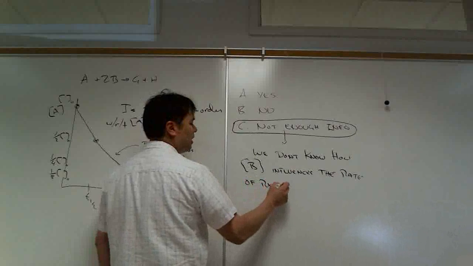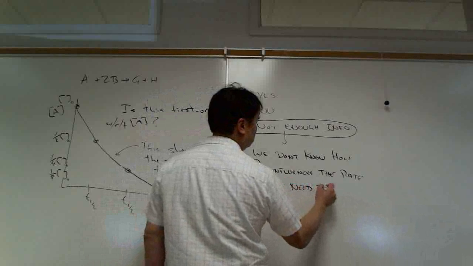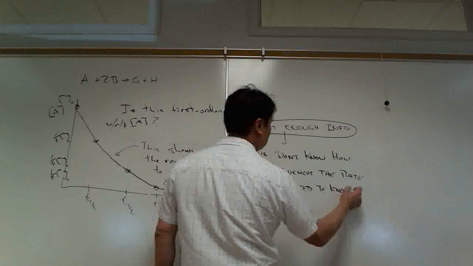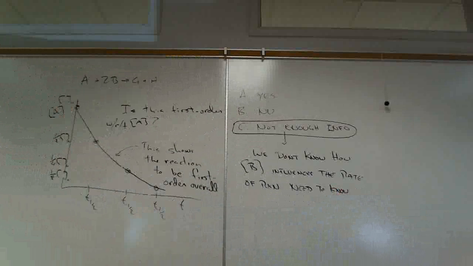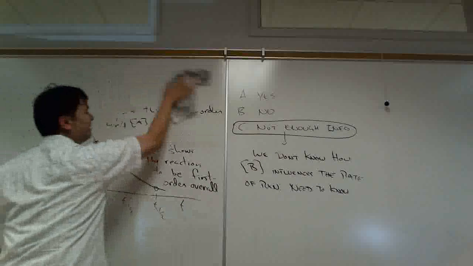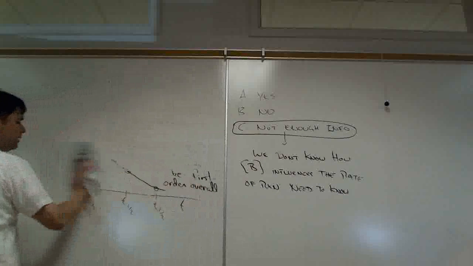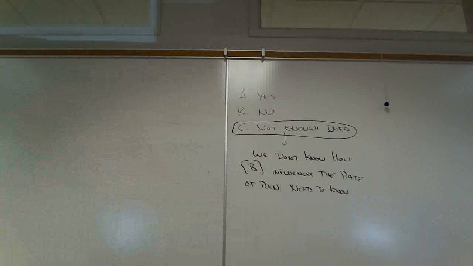And we need to know that. How would we know? Would that information be given? Yeah, how do we know that? Well, I'll talk about that right now. How would we figure it out?